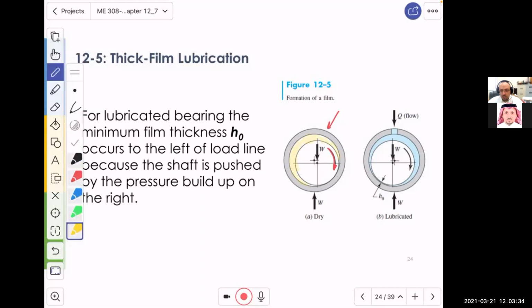Then this is a dry contact, and due to the friction, the journal will appear as if it is climbing up the surface of the bearing, so it will tend to stick to that side.